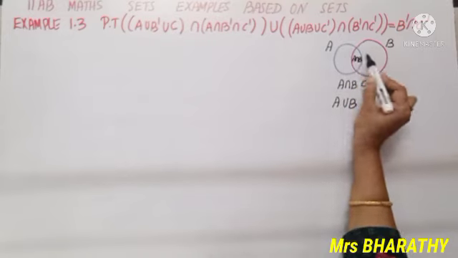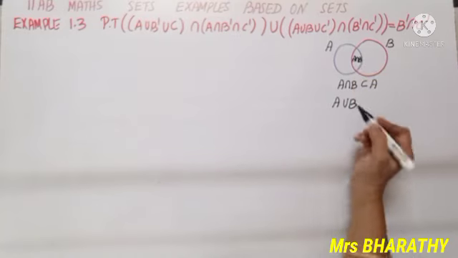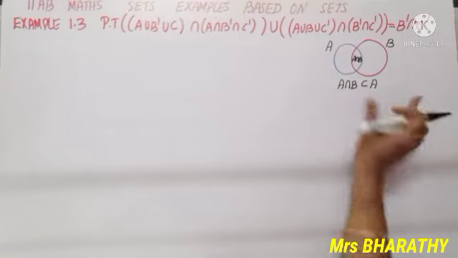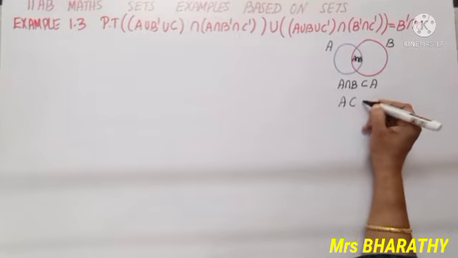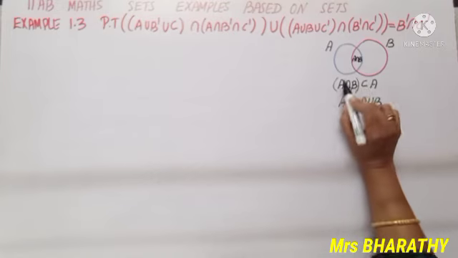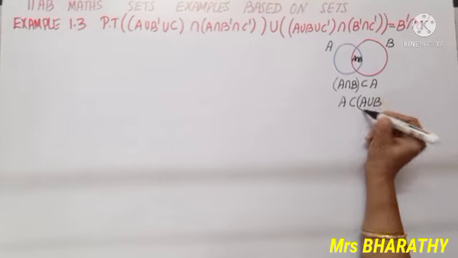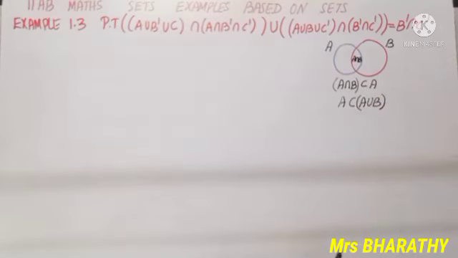A and B together. So A union B contains A. Look at the difference. A intersection B is a subset of A, whereas A is a subset of A union B.